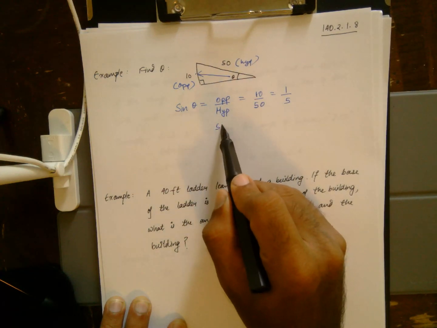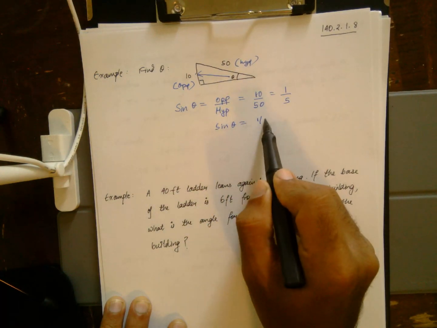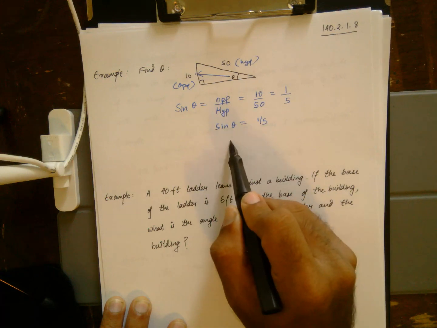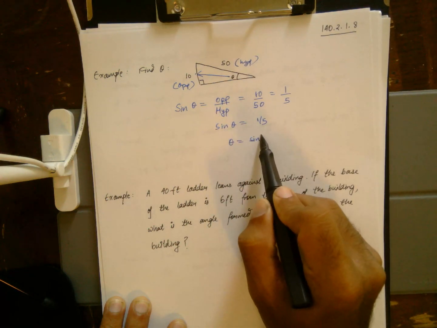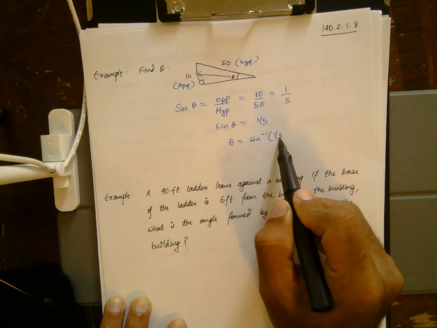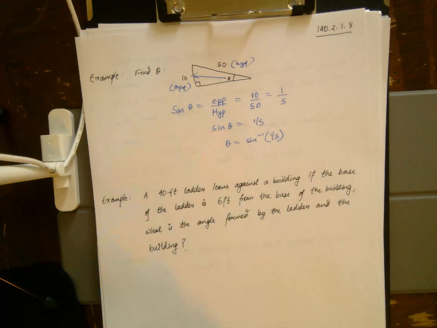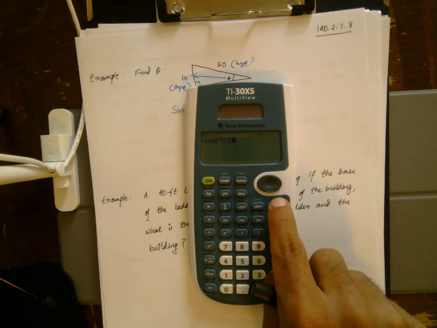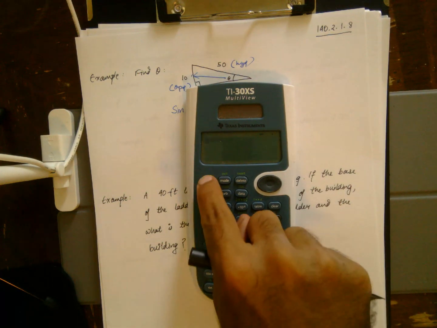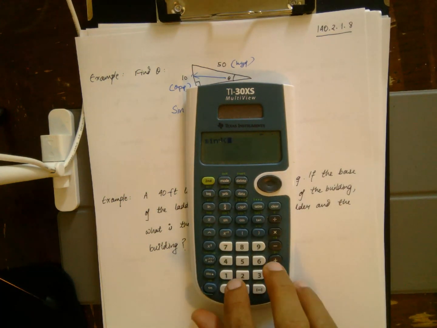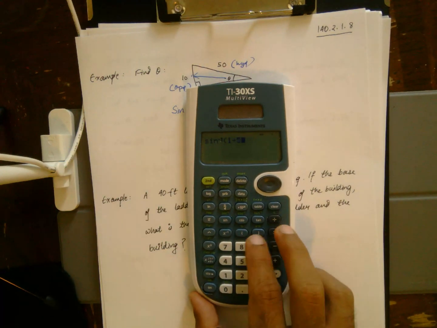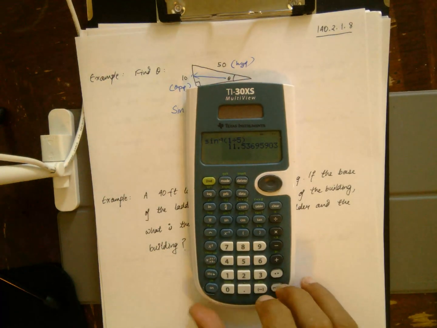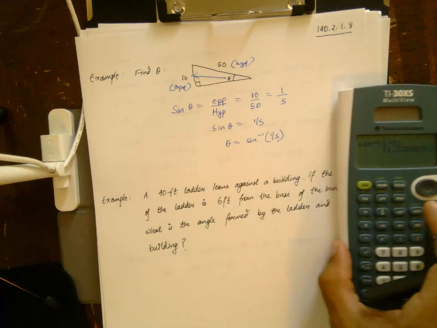So now I have an equation: sine theta is 1 over 5, which means theta is going to be the inverse sine of 1 over 5. At this point, you can plug it into the calculator. Sine inverse of 1 divided by 5 is 11.54 degrees.